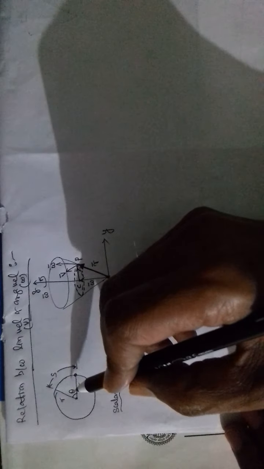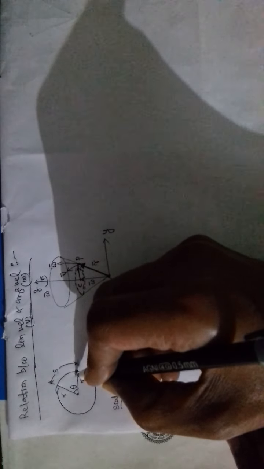In delta t time, it undergoes some angular displacement. This is the distance traveled on the circle, and this is the position vector.